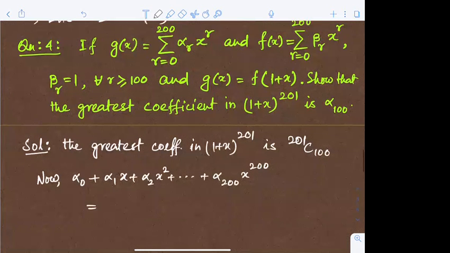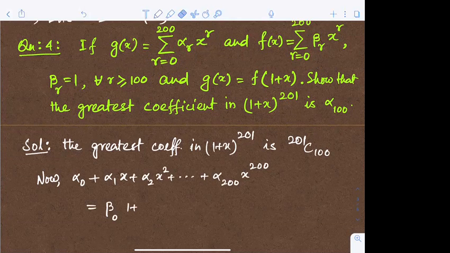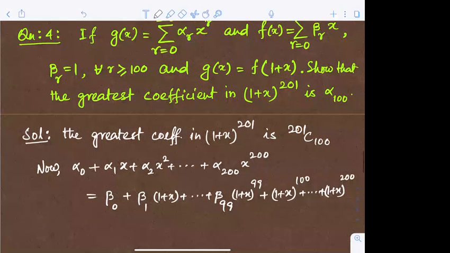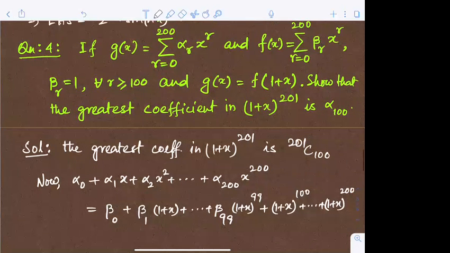F of 1 plus x means beta naught into 1 plus x whole power 0, which is just beta naught, and then plus beta 1 into 1 plus x whole to the power 1 plus dot dot dot beta 99 into 1 plus x whole power 99. After 99, from 100 onwards, the value of beta r is 1. So after this, I will just write 1 plus x whole power 100 plus dot dot dot 1 plus x whole power 200 last. Okay, so this is our relation that is given.